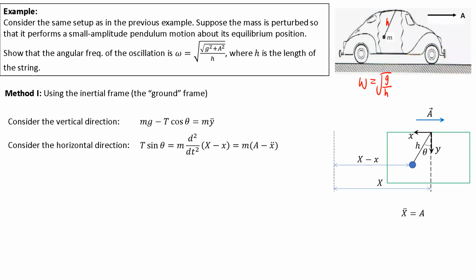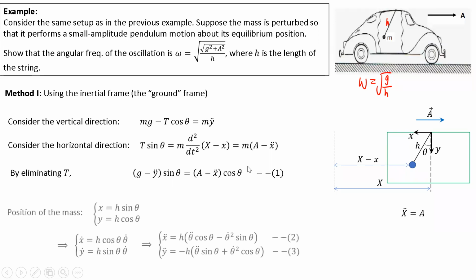At the end, you understand that using x and y won't be the convenient choice to describe the motion of this pendulum. Ultimately I want theta. So first of all, from these two equations, I'm going to eliminate the tension T, and then I get this one.